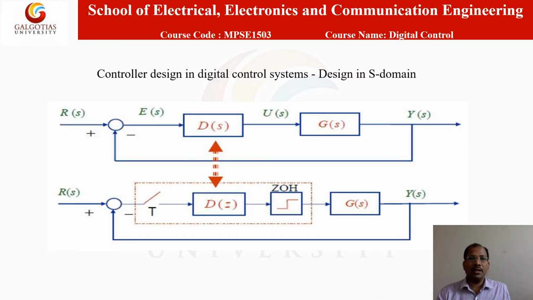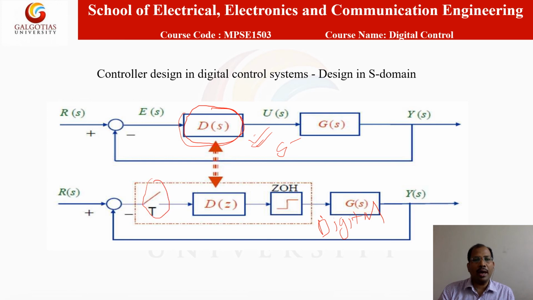Here we can see the controller design in the digital control system, in the S domain. This first one is the representation in the S domain, and this is the digital domain. You can see this is the controller part, and we are interested in this design part. We use the switch here, which is the equivalent of the sampler and quantizer, meaning the analog to digital converter, and this is the zero order hold circuit, the digital to analog circuit.